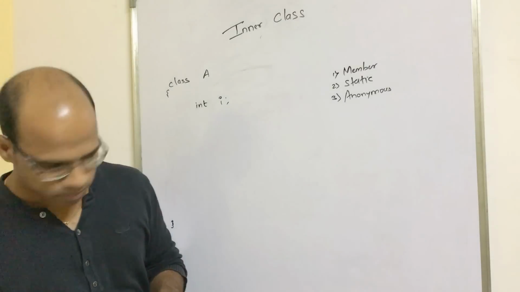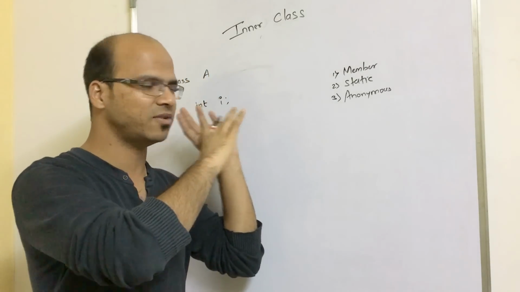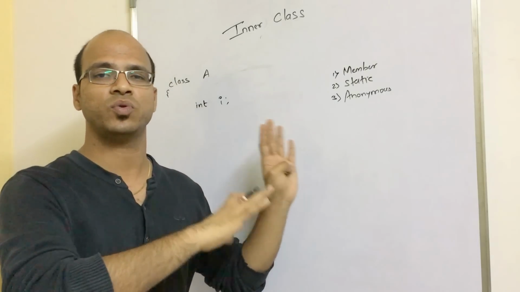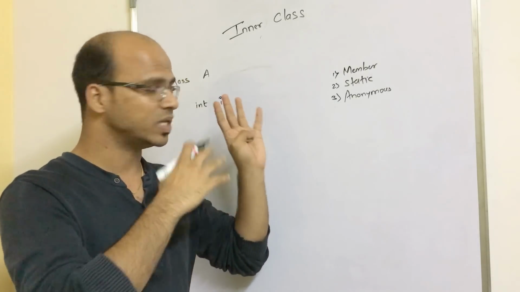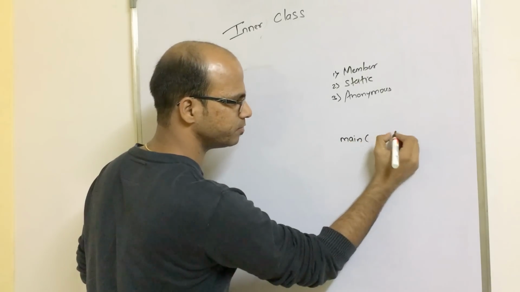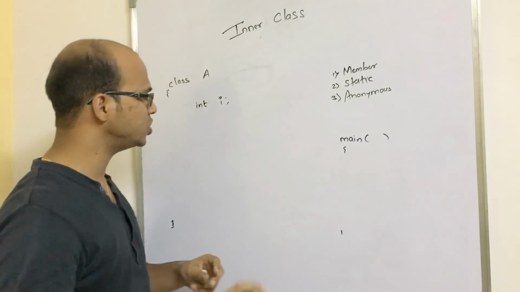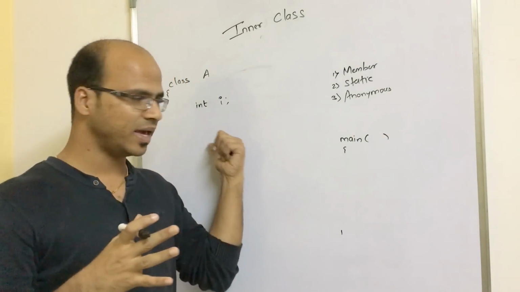So let's imagine we have one more class in which you have a main method. That's a different class in which you have a main method to run this class, or to execute this code. So this is your main method here. Again, we have static arguments there, but that's not the issue now. Now how to use this i here?